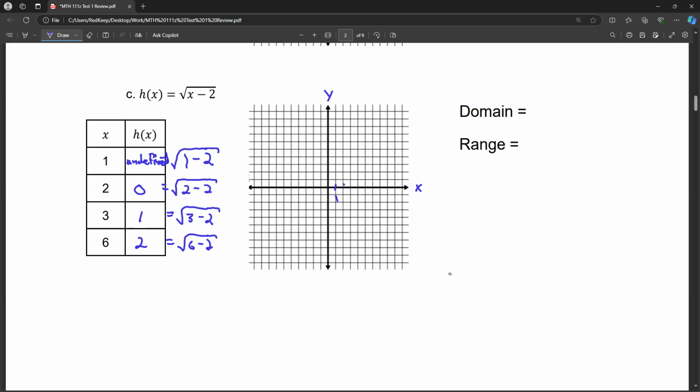So here's 1, 2, and actually maybe I'll skip and do every other just so I don't get it too messed up looking here. So we have 3, and this would be 5, and this will be 7. I think that should be enough there for the x values.